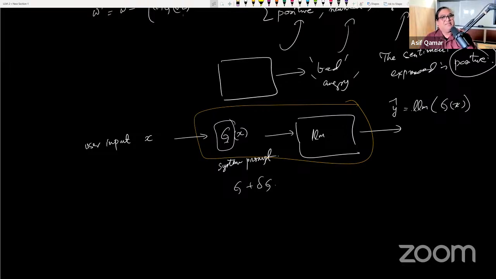But it makes sense because each of these system prompts is nothing but, in a mathematical sense, just a g of x. And the only question worth asking is, what is that optimal function g that can be applied to the user input such that it leads to the results that we want? Are we making sense?